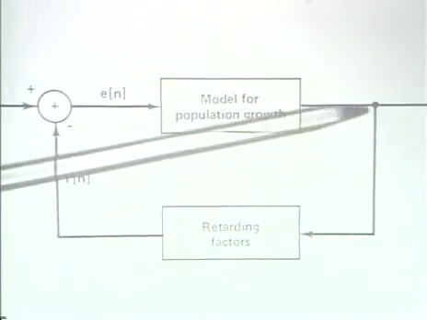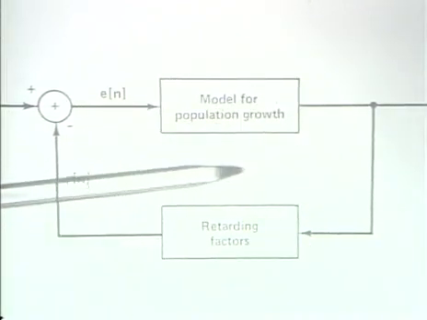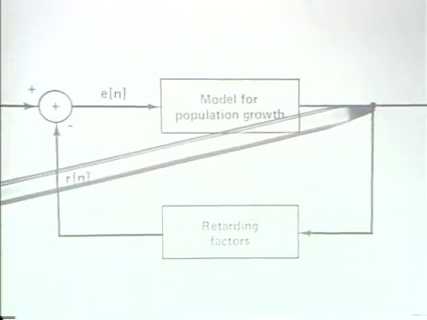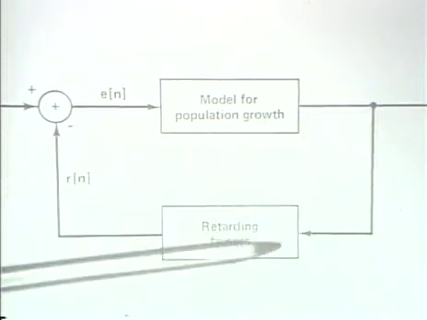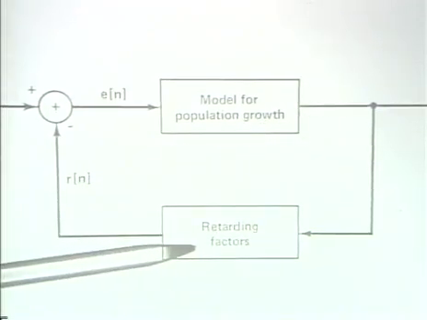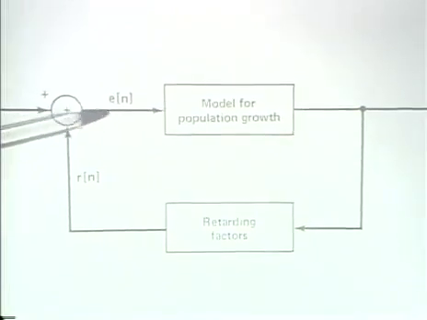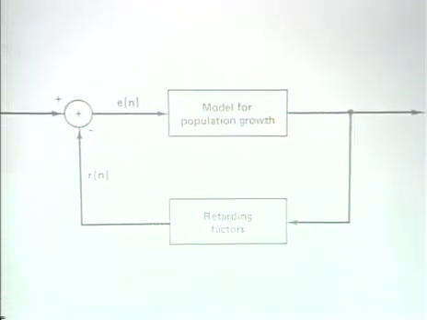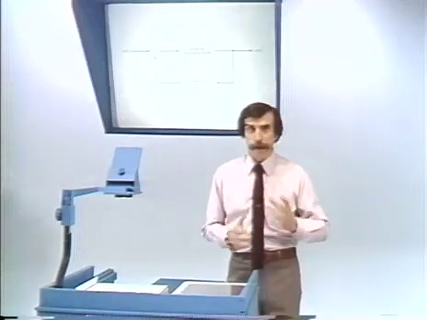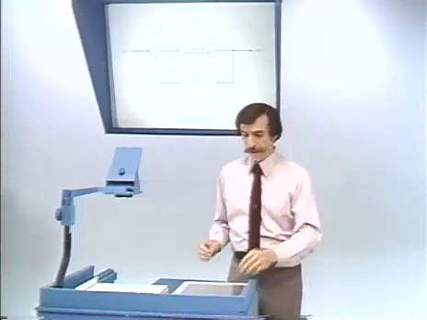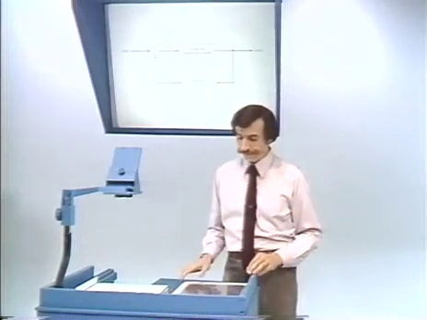And then very often the retarding factors can be described as being related to the size of the population, and those essentially act to reduce the overall input to the population model. And so population studies are one very common example of discrete-time feedback systems.